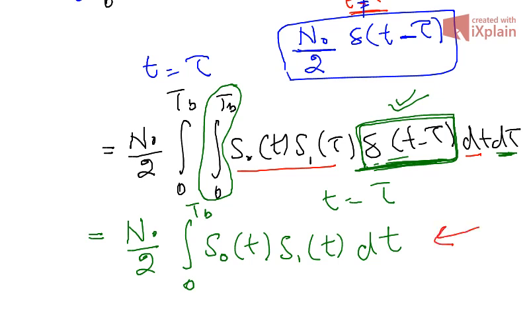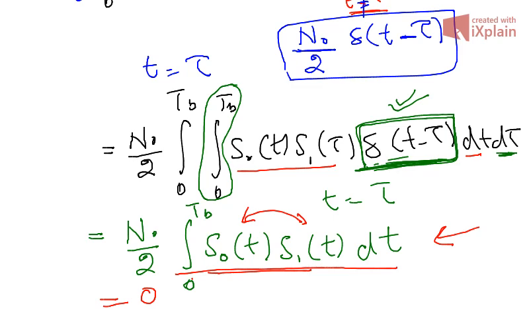Now these two signals, s0 and s1, are orthogonal. It means we would get 0. The integral of these signals is 0 because they are orthogonal, right? So this part is 0.